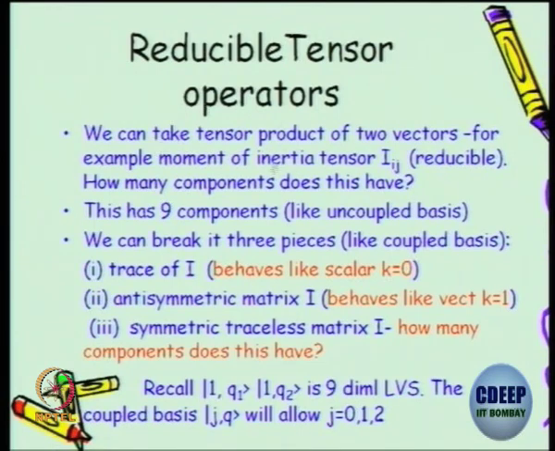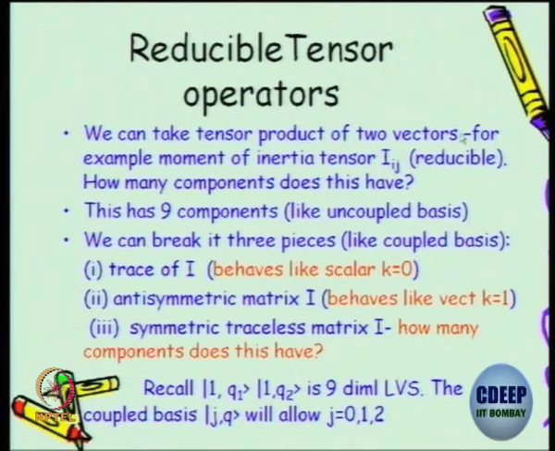We can take tensor product of two vectors and we can write Iij. This is in our notation now, it is a reducible tensor. Correct? Ai was an irreducible tensor of rank 1.